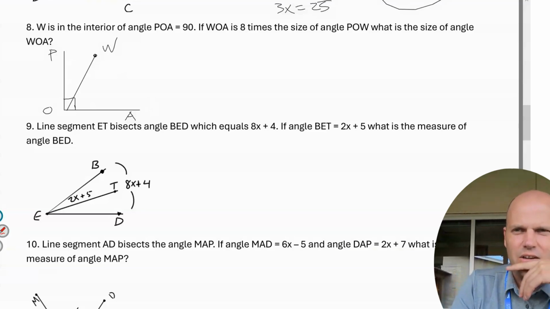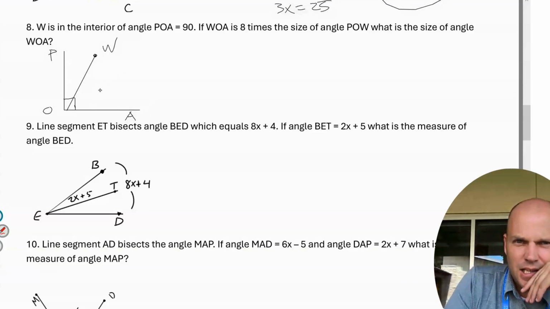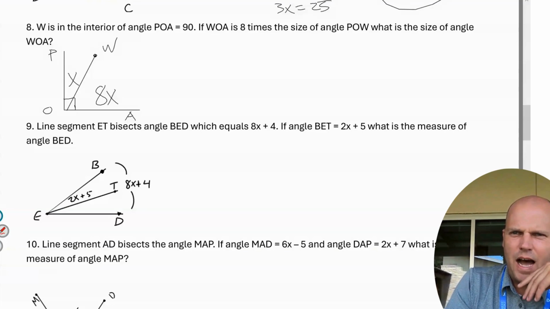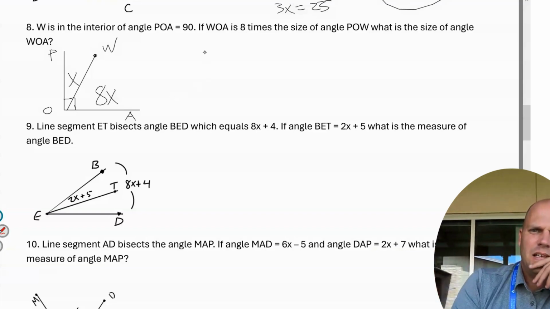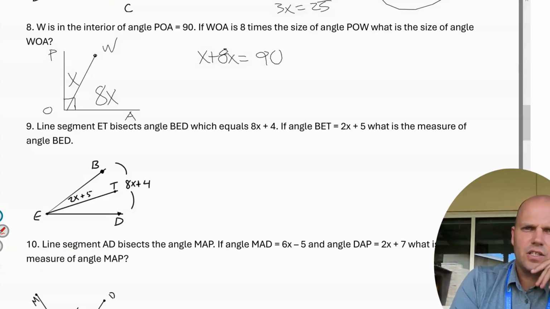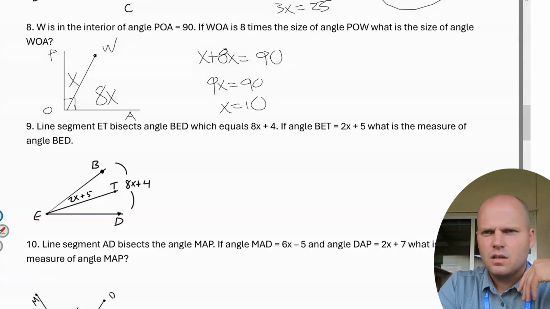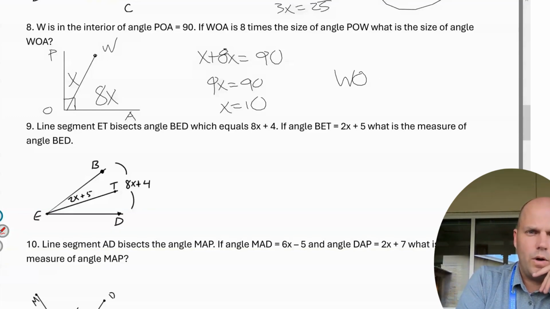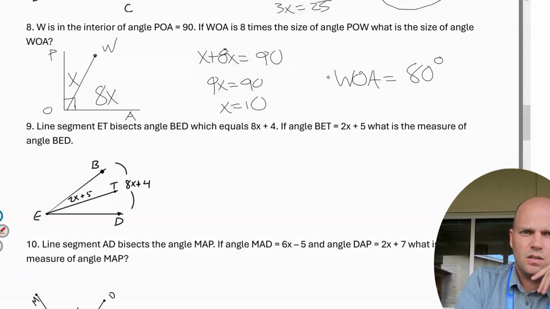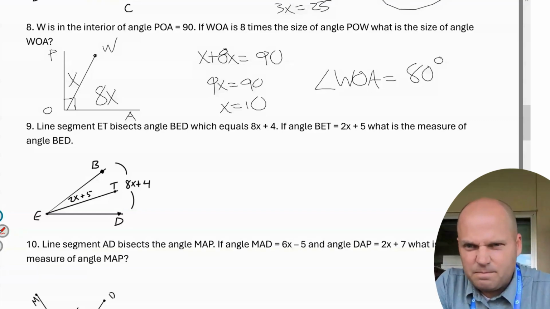What is the size of angle WOA? Well, WOA is 8 times the size of POW. POW, I'm going to label as X. WOA is 8X. Add them up. You should get 90 degrees. 9x is 90, so x is 10, which is not the size of angle WOA. WOA is going to be 80 degrees. Cool.